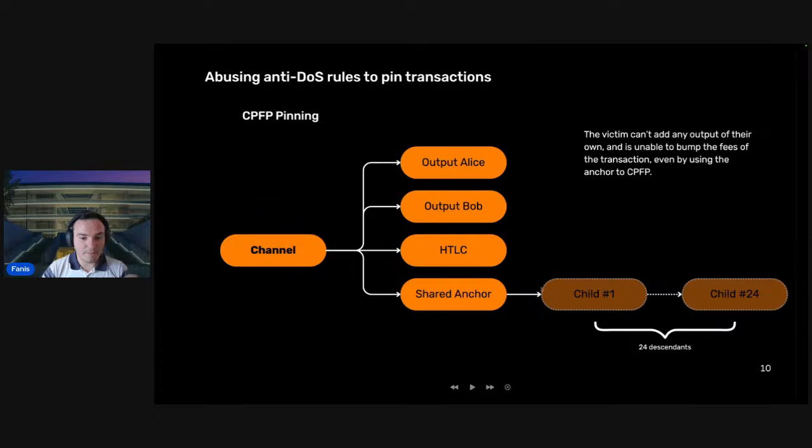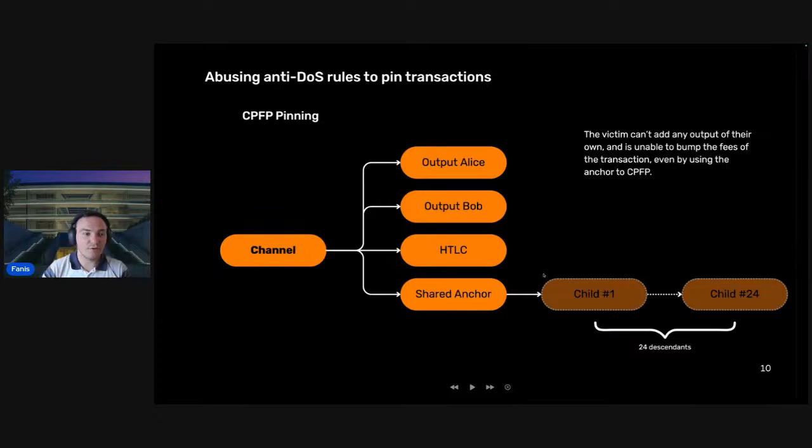Since the CPFP rules state that a transaction can only have 24 descendants, or 25 if we include itself in the count.